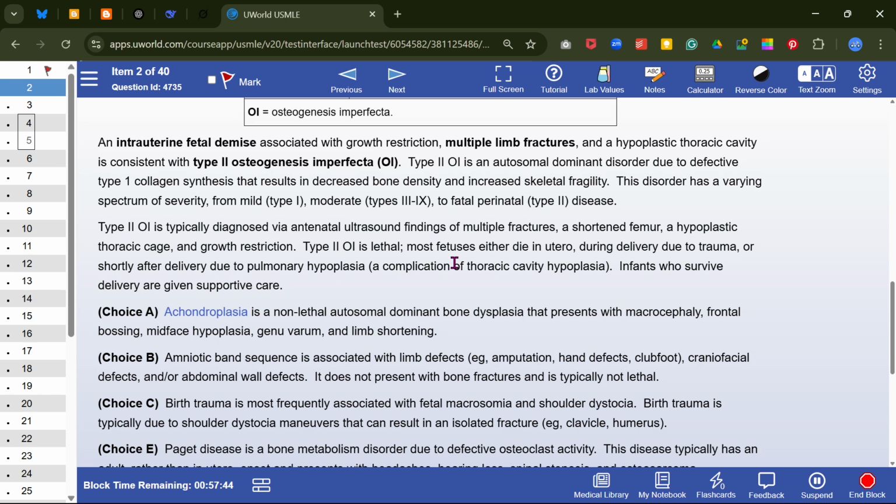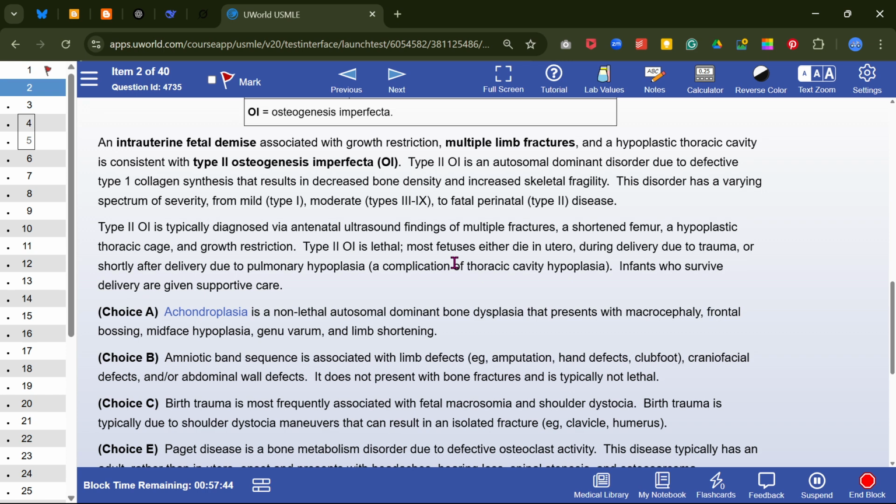This disorder has a varying spectrum of severity from mild type 1, moderate type 3 to type 4, to fatal perinatal type 2 disease.